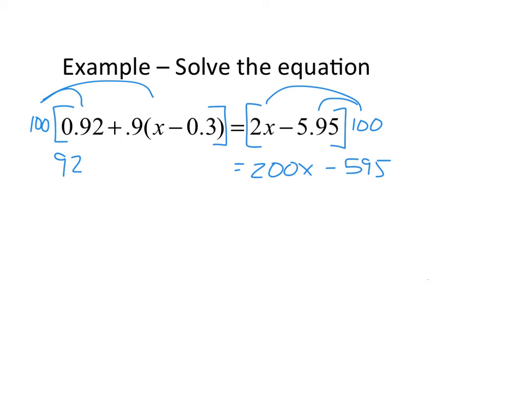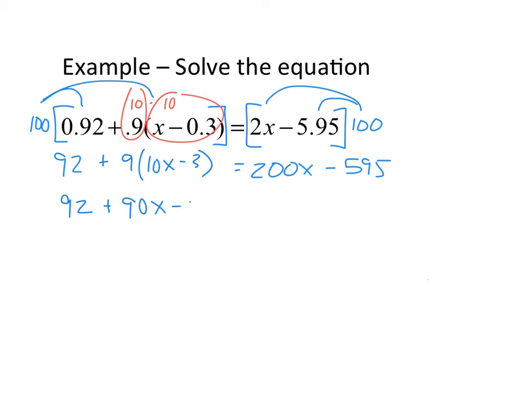So rather than multiplying 9 times 100 and then distributing inside and still having to deal with that decimal, let's think about the 100 as being 10 times 10 and using this 10 to multiply this chunk and this 10 to multiply this chunk, and just sort of be creative in our application of multiplying that number. That would make both of those decimals go away in sort of one step, and is just a flexible way of thinking about how we're multiplying by 100 in this case. Just wanted to expose you to a different way of thinking about that.